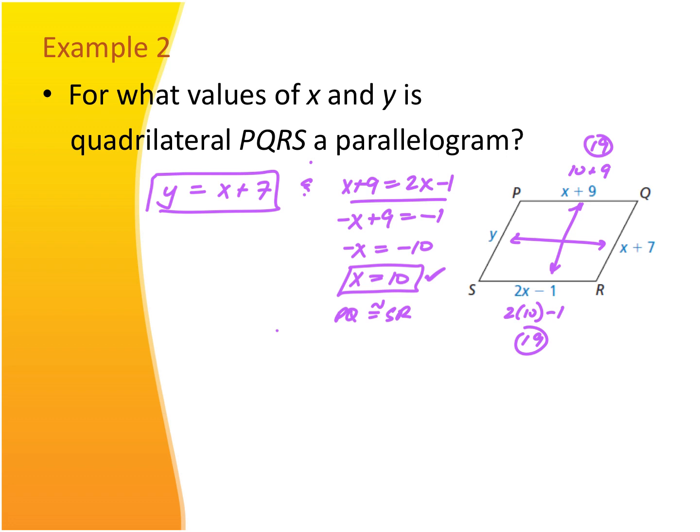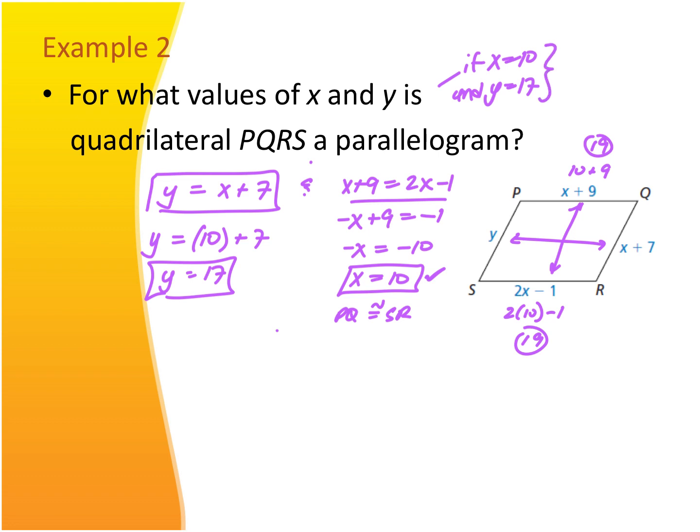Now, since I know x is 10, I can come over here and plug 10 in for x, and I can find my missing value. So y is 17. So if x equals 10 and y equals 17, then PQRS will be a parallelogram, okay? And so that's how you do that.